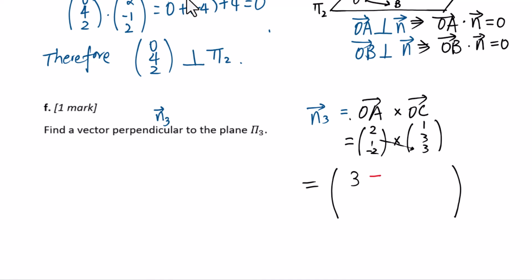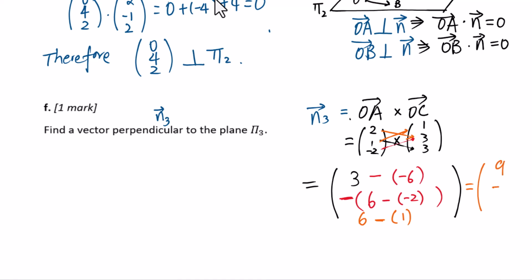Remember, minus. Negative 2 times 3 is negative 6. Then negative sign: 6 minus negative 2 times 1 is negative 2. 2 times 3 is 6 minus 1 times 1 is 1. Simplify: (9, -8, 5).